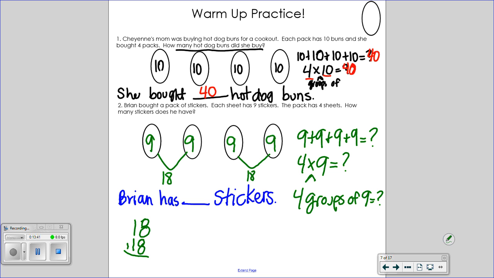What is 8 ones plus 8 ones? 16. Can I squish 16 in my ones? No, I have to trade. I put a 10 up here in my 10s column. Did I have any ones left over? Yes, 6. And now I have 3 10s. That's 36. Oh, 4 times 9, 36.